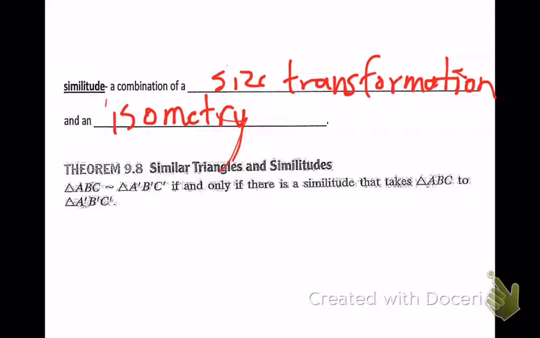Similar triangles and similitudes: triangle ABC is similar to triangle A prime, B prime, C prime, if and only if there's a similitude that takes ABC to A prime, B prime, C prime.